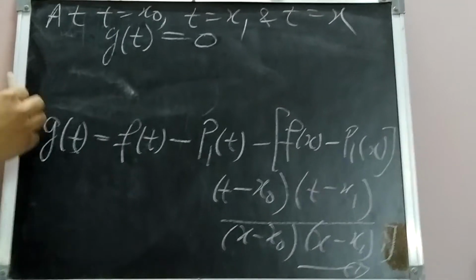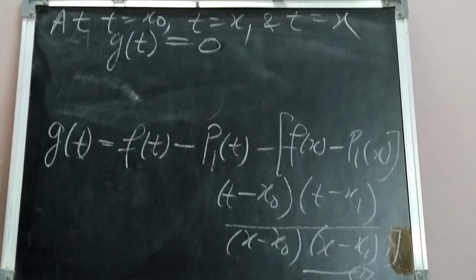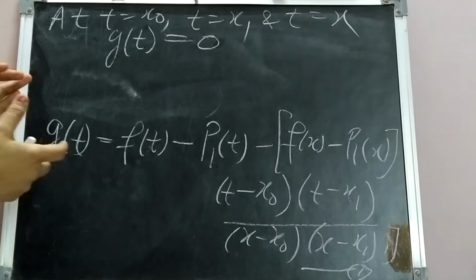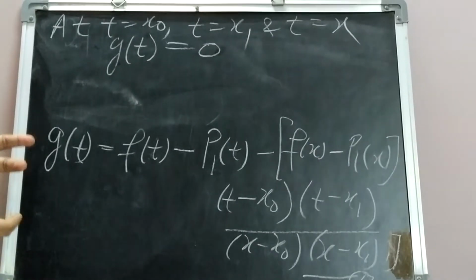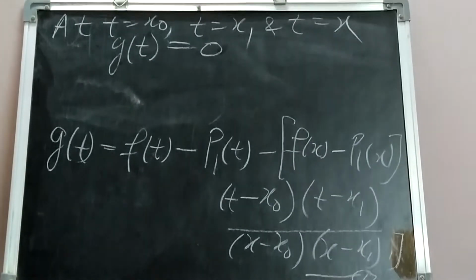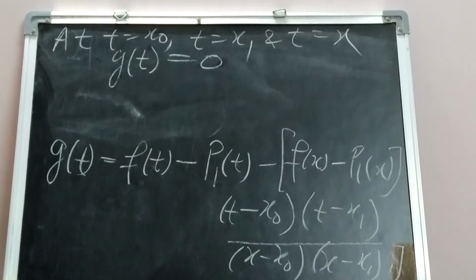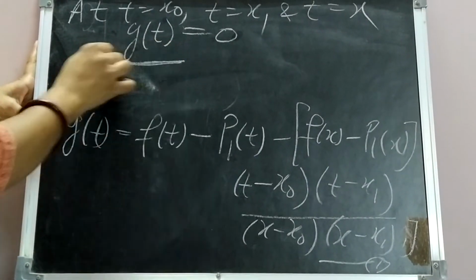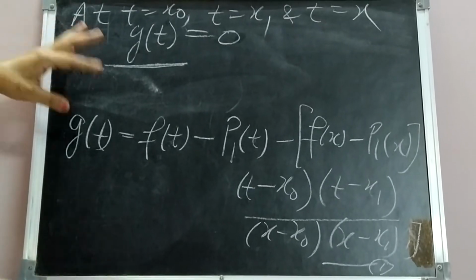Now the function that we have taken is made with the help of polynomial functions, so it will be continuous as well as differentiable. Here we want to apply Rolle's theorem, so let us revise it a little.